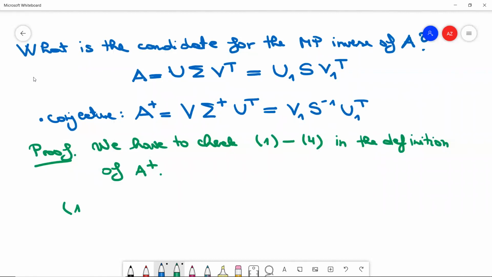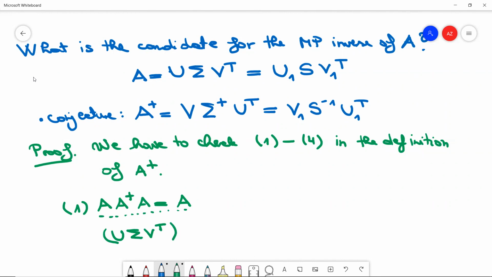So for 1, we have to check that A plus is the generalized inverse of A. So A plus A is A. This is the first thing which we have to check. And let's just calculate. So A is U sigma V transpose.